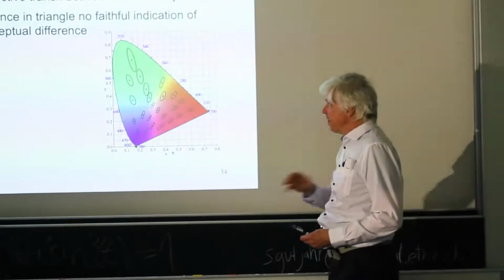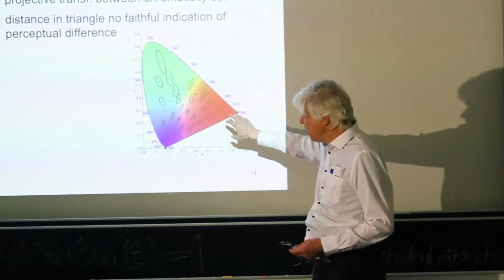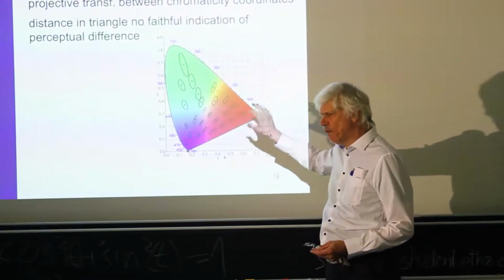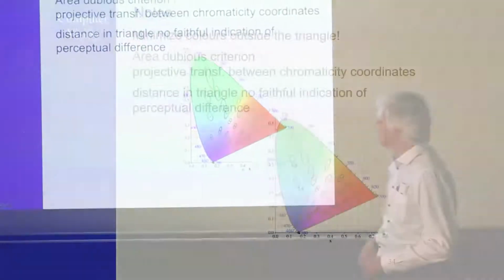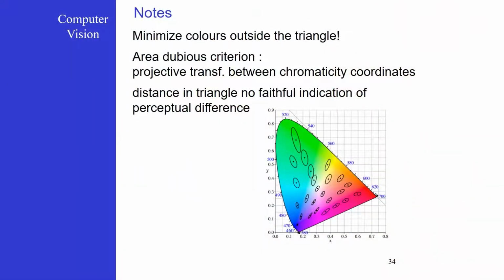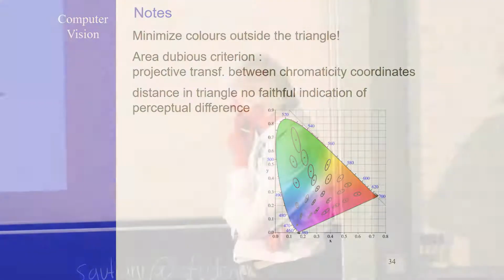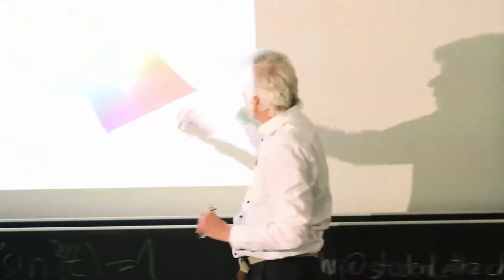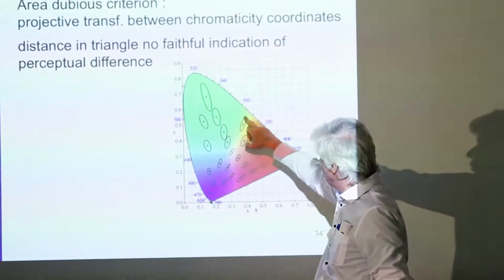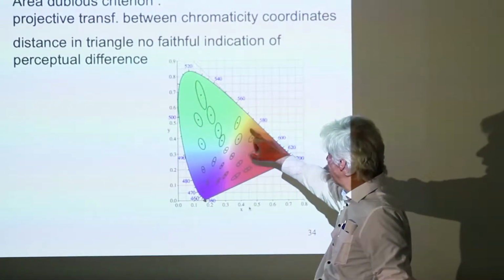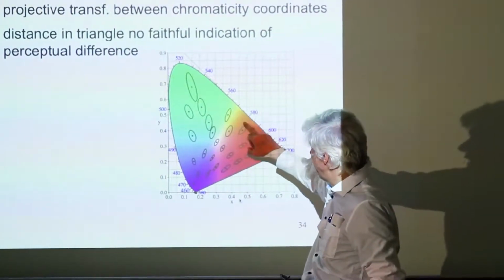But another remark is that this space does not really represent perceptual difference all too well. So this is now this xy space that was used in the past, but if you look at perceptual differences, for instance, here we go from green to almost like red over a very short distance.